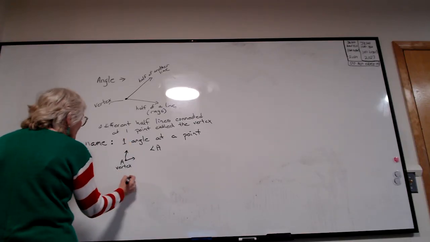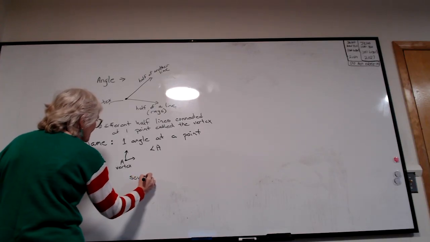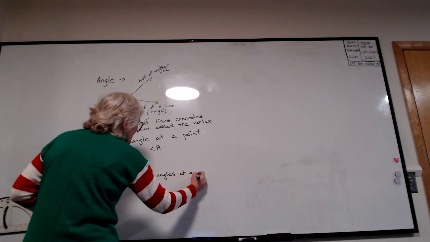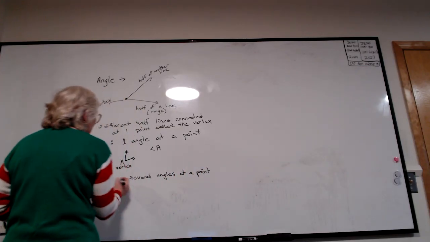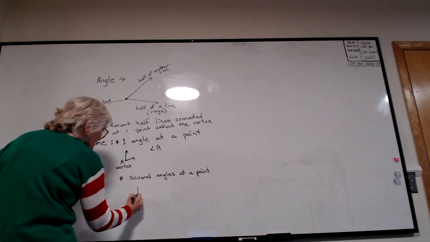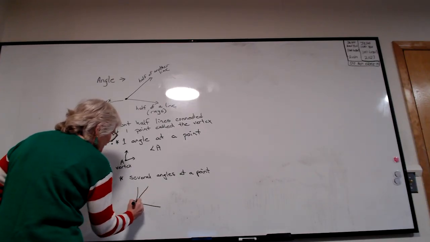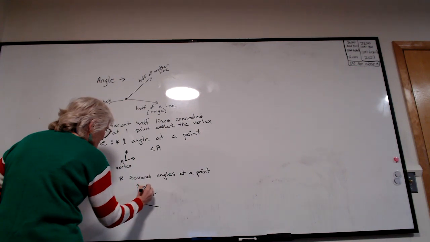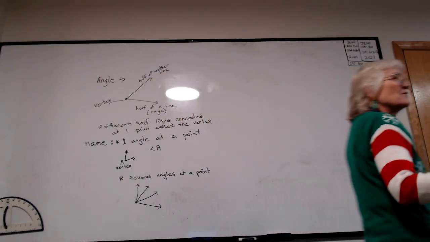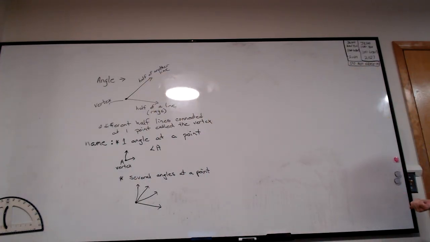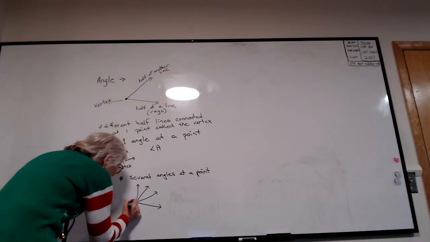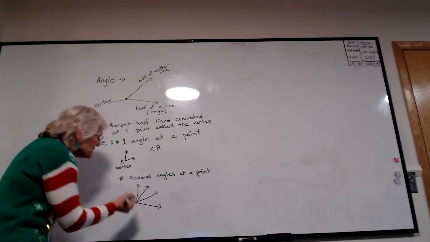If there are several angles at a point, then you have to name it differently. So this is one way, this is another way. If I have something like this, notice at one vertex there are several angles because I have more than two rays. When you're doing that, the vertex always goes in the middle when we name it.